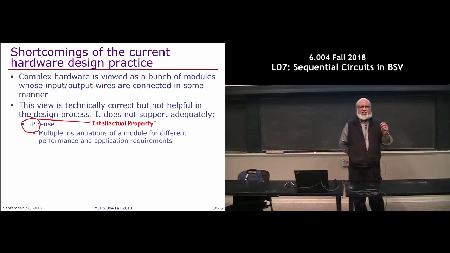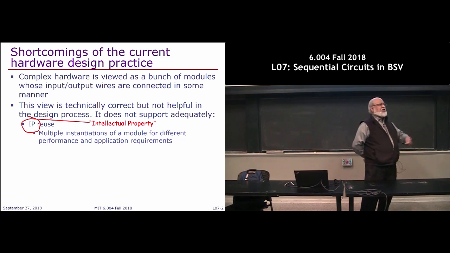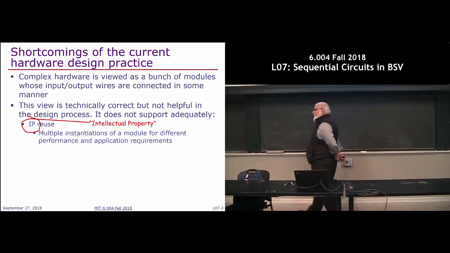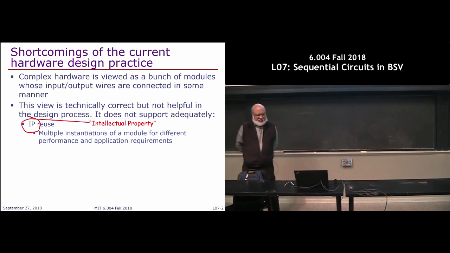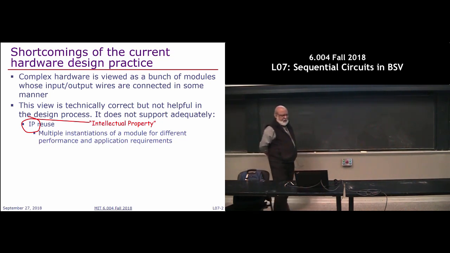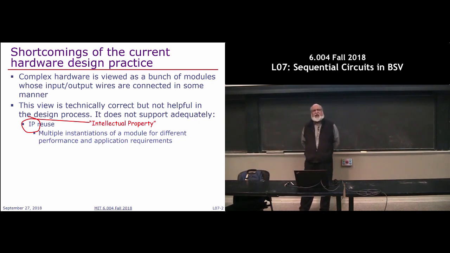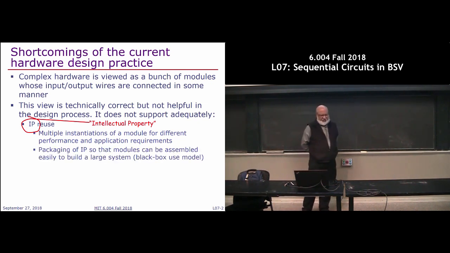But FFTs are designed completely differently depending upon what rate at which you want to compute the FFT, whether you want to emphasize low power in it or not, etc. So it's very important to support multiple instantiation of a module for different performance and application requirements.